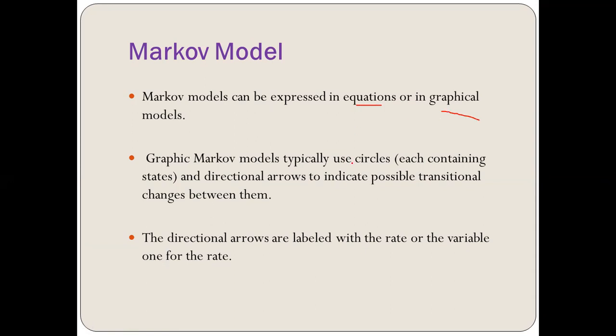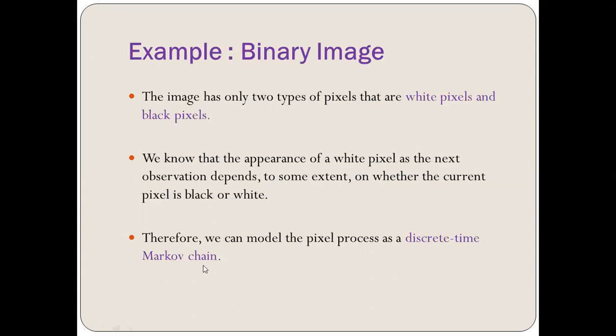A graphical model typically uses circles, and these circles indicate the states. The directional arrows indicate possible transitional changes between the states, and the arrows are labeled with the rate of transition.